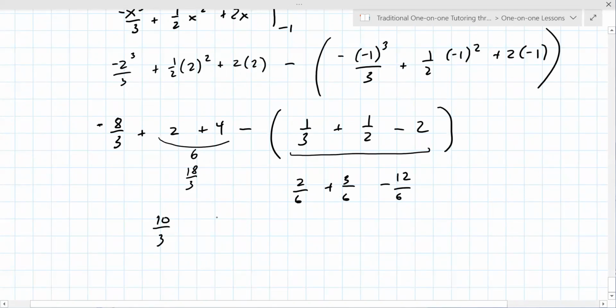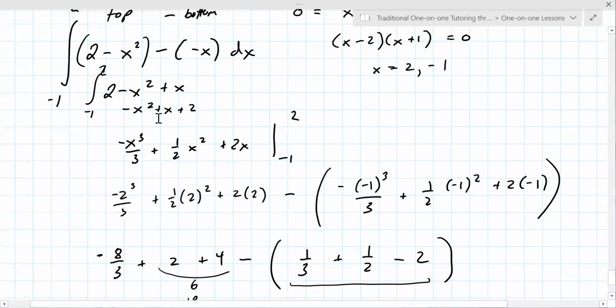And then it negates here, so it's plus 7/6. And then you have to do that, so times 2, 20. Now this is not the same as what you have in your notes.